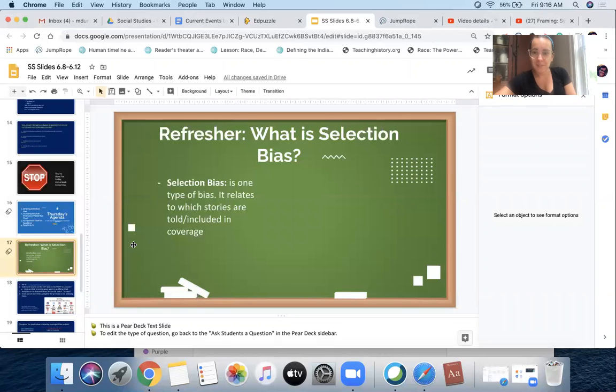If I was showing selection bias against you, I may lead with those 3 stories, right? I could have told stories from any point in the year, but in my bias, I'm choosing to only give the 3 negative ones. So that would be one example of selection bias.